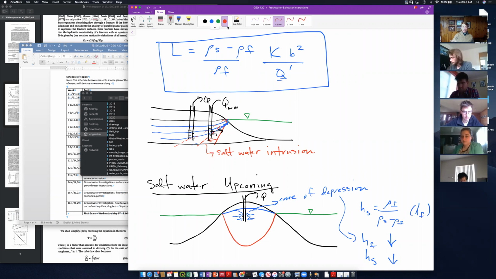So that means that you get this mirrored cone. All right, and this is my upwelling, or my upwelling salt water beneath my pumping well.